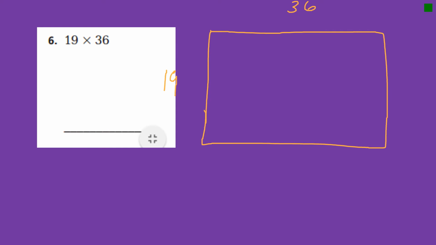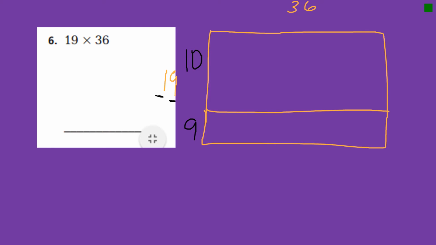We are going to break these apart. So 19, I'm going to draw a line right there. Break apart 19 by place value. Okay, breaks apart into a 10 and 9 ones.